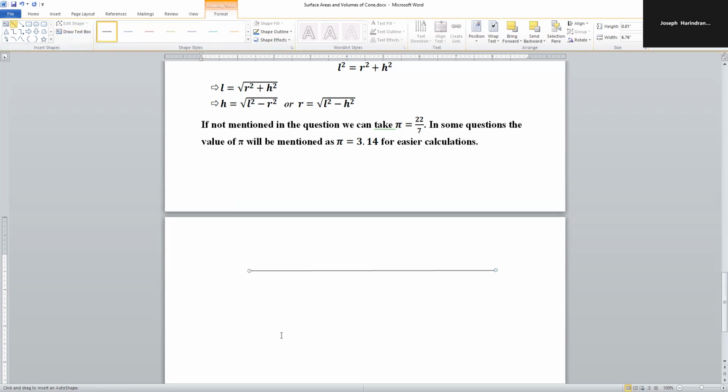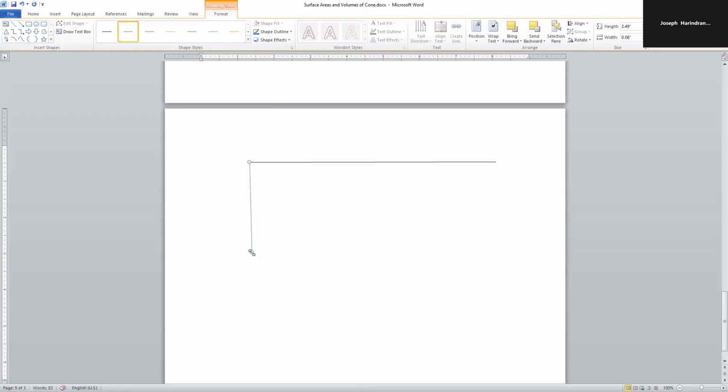So here it's 3 meters, and we form the rectangle. We assume a rectangle because they've asked us to find the length, and the width is given. So this part is the 3 meters.